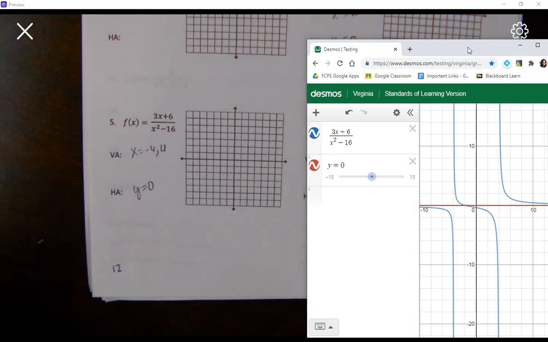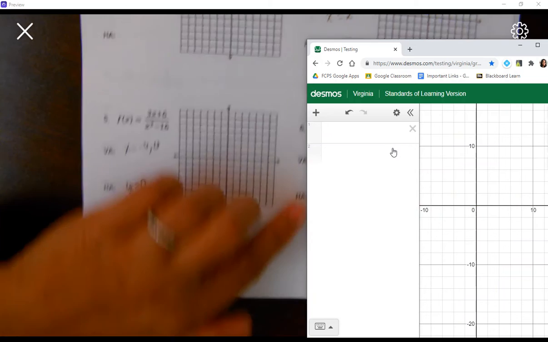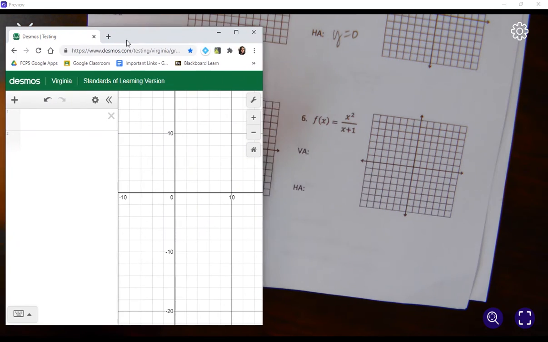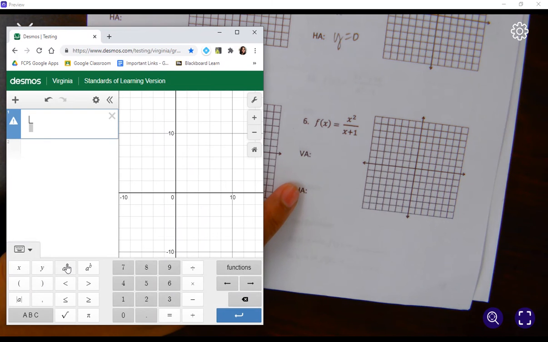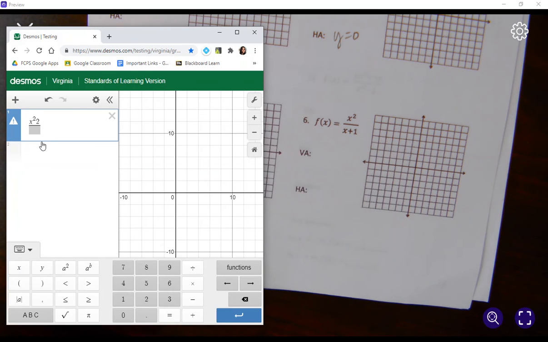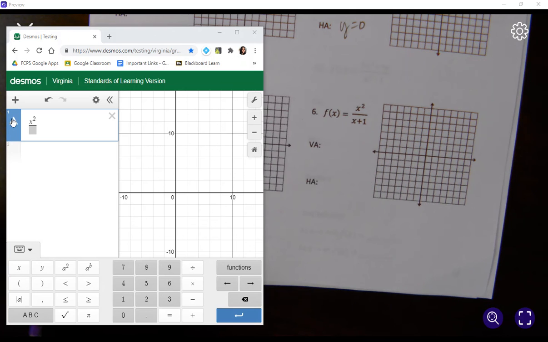Okay. Let's see if there's anything else. Let's look at number 6. So you have here x squared and you have x plus 1.